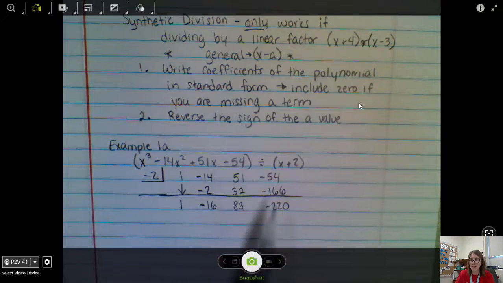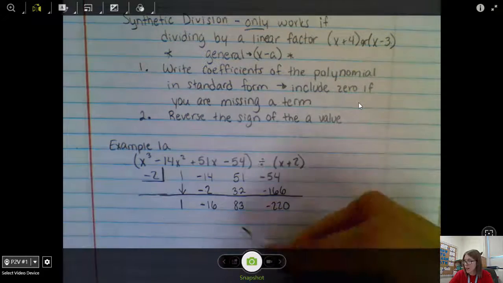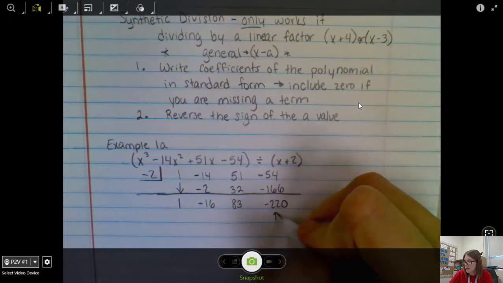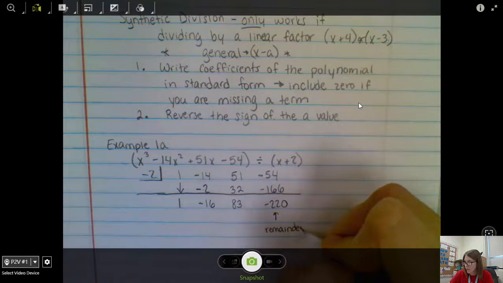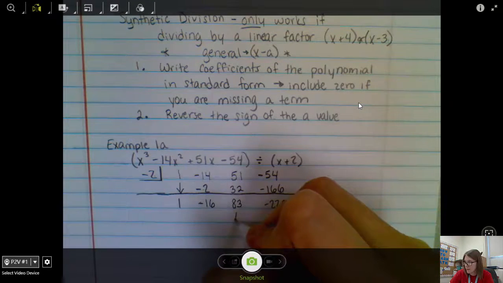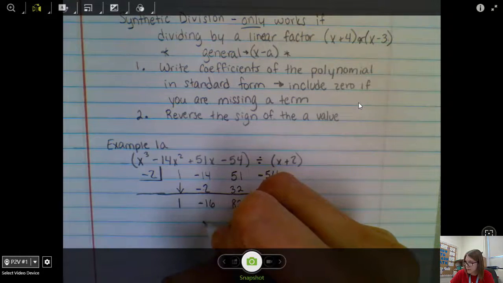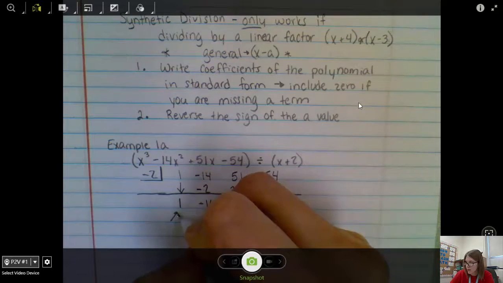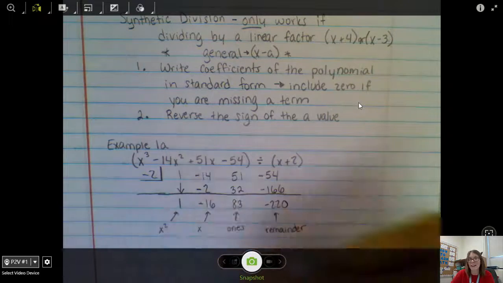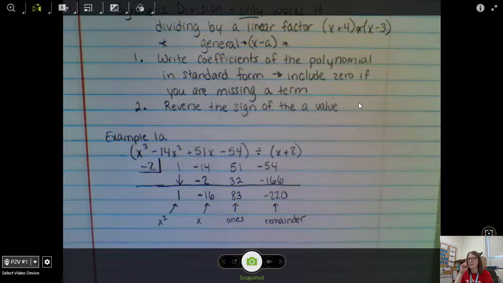Once we get this bottom row, this is really our answer in the individual parts. Our last part tells us our remainder. These are our 1s. These are our x's. And this tells us how many x squareds we have.